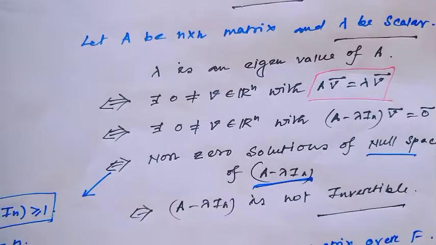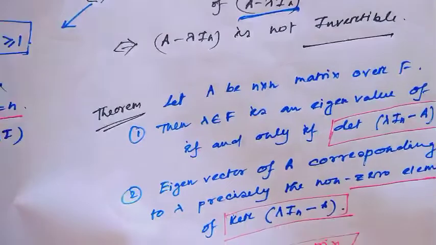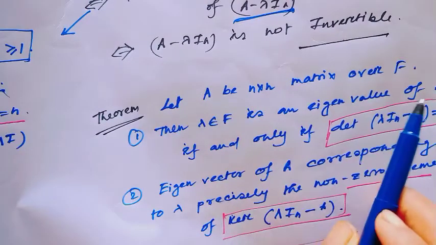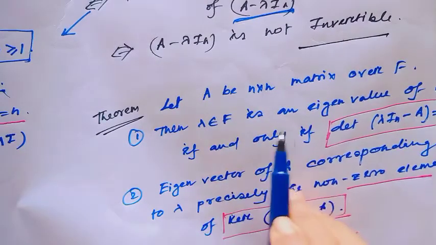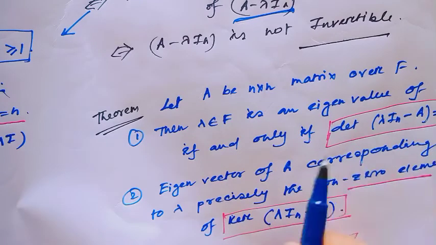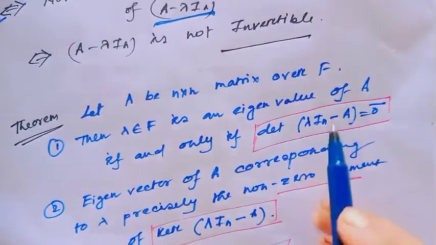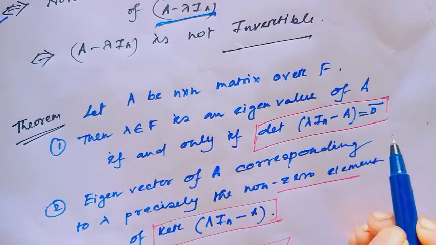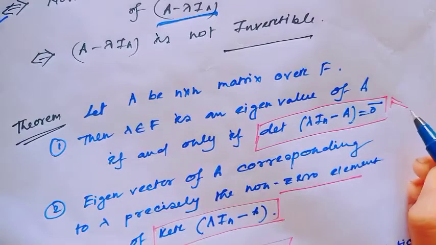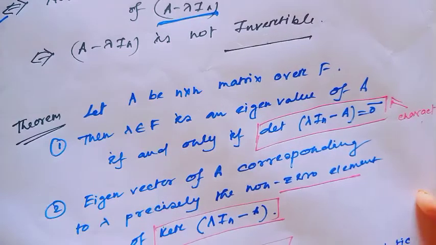And I had seen, if A is an n cross n matrix over the field F, then lambda belonging to F is an eigenvalue of the matrix A if and only if the determinant of lambda I_n minus A equals 0. And this equation is called the characteristic polynomial.